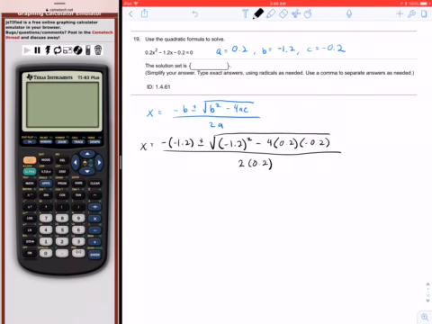Okay. So for the numerator, we have negative, open parentheses, negative 1.2. Let's do the minus first. Then we're going to say square root. Now we need another set of parentheses, negative 1.2, close parentheses, squared, minus 4 times 0.2 times negative 0.2.